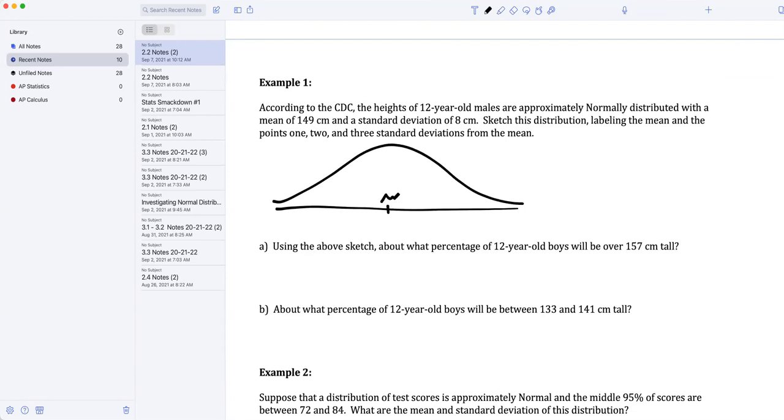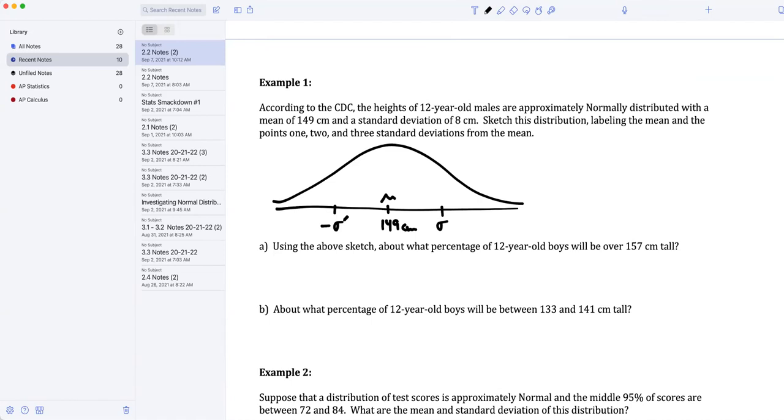My mean is going to be there in the center, and the mean is 149 centimeters. Let's go out to some point, right about there. I'm estimating that's 1 standard deviation above the mean, and over here is -1 standard deviation.